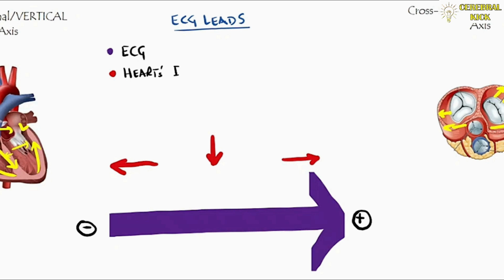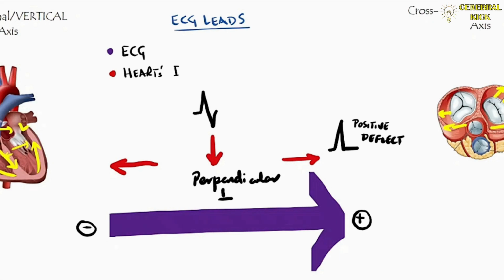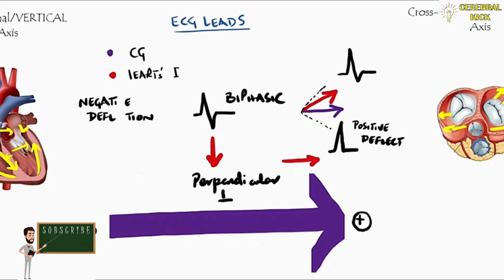So once the heart's red arrow is in the same direction as the ECG lead's purple current, it would generate a positive deflection on the specific ECG lead. If it is perpendicular to the ECG lead's current, it would generate a biphasic response on the ECG graph, right? And if the heart's intrinsic current is moving in the opposite direction, it would result in a negative deflection on the ECG paper of that specific lead, right?